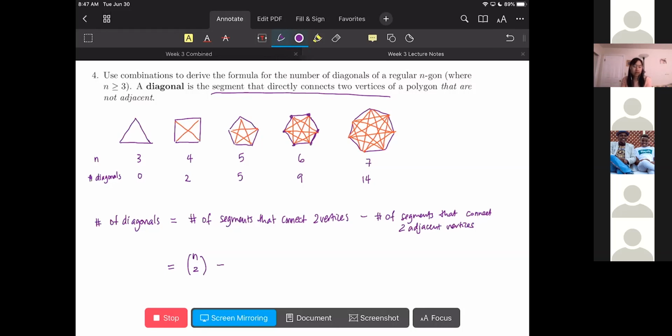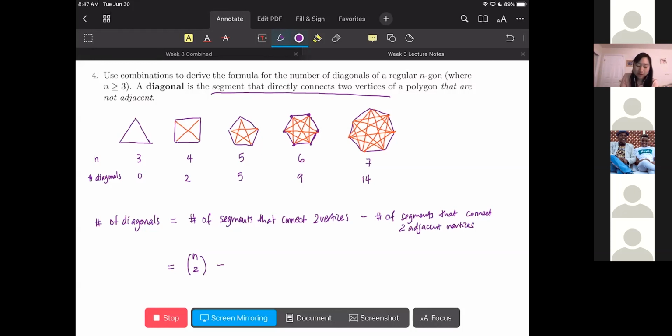Is it n? Because two adjacent vertices are already connected by the sides. Right, so there's n sides for an n-gon. And so there's n segments that connect two adjacent vertices.